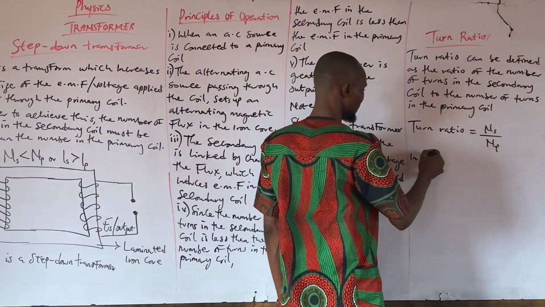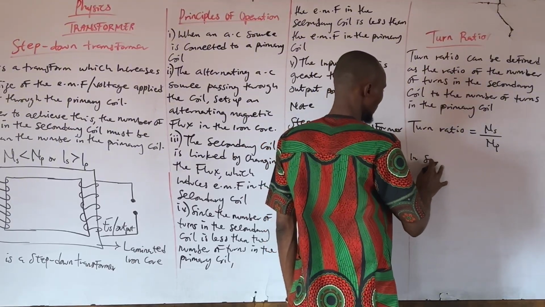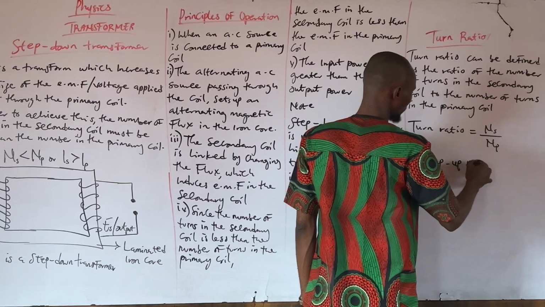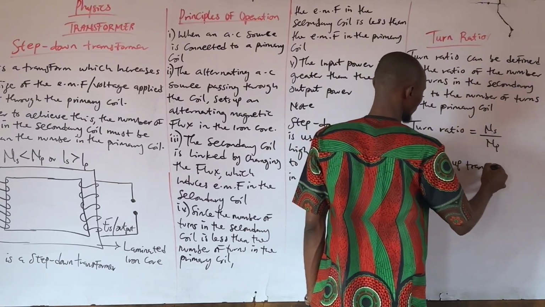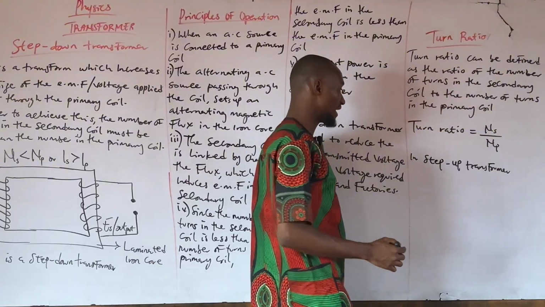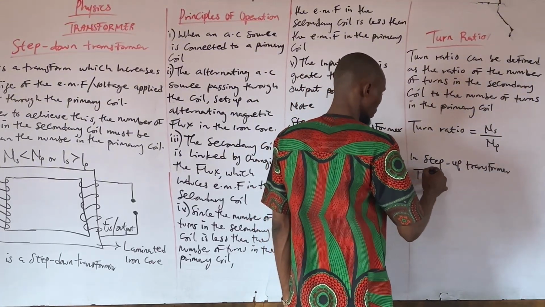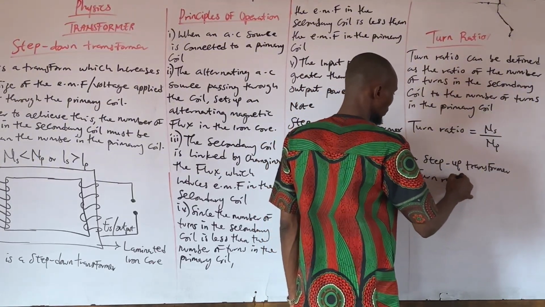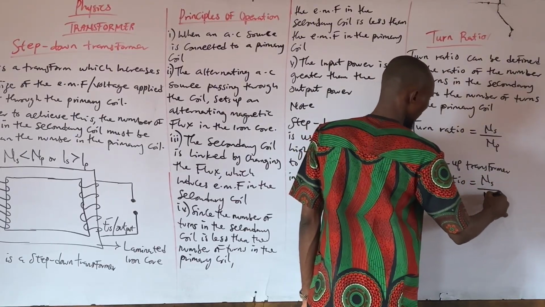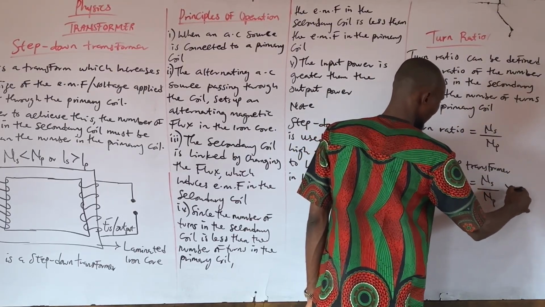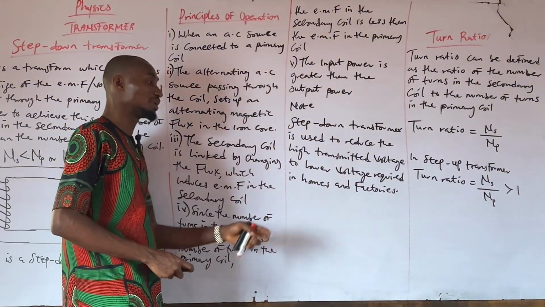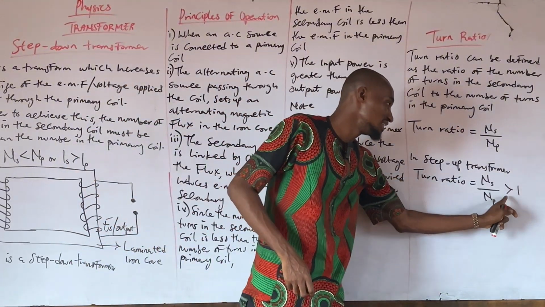Now, in a step up transformer, turn ratio is equal to NS over NP, greater than 1. Are you there? In step-up transformer, turn ratio is greater than 1.